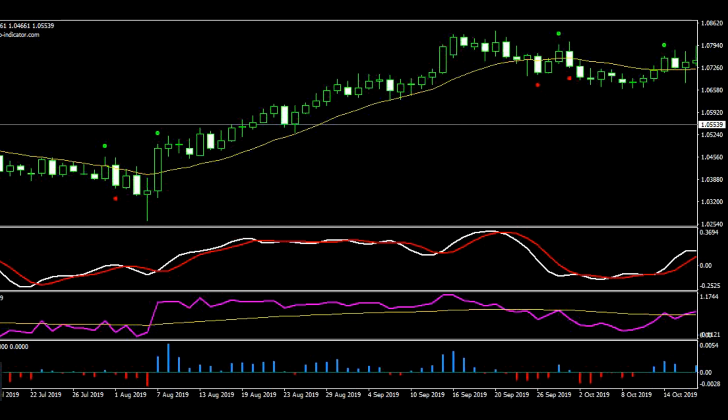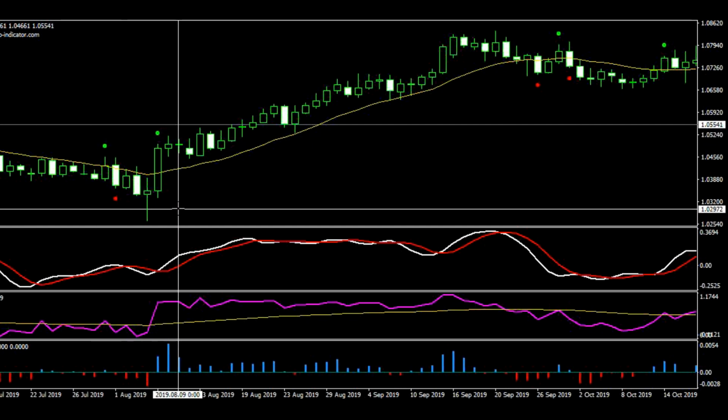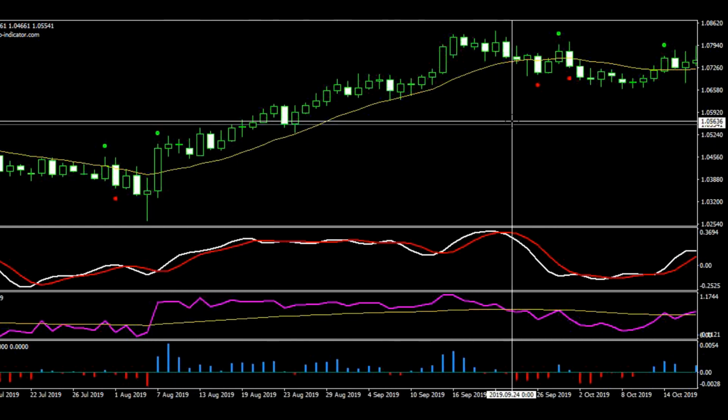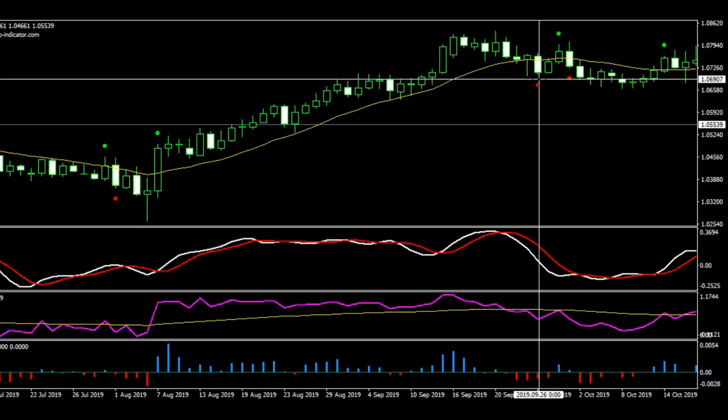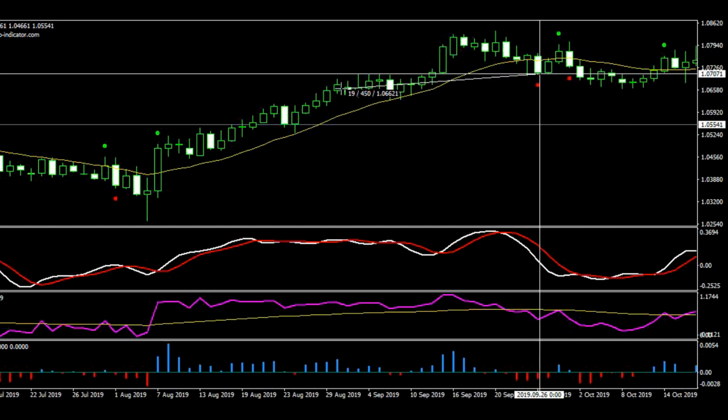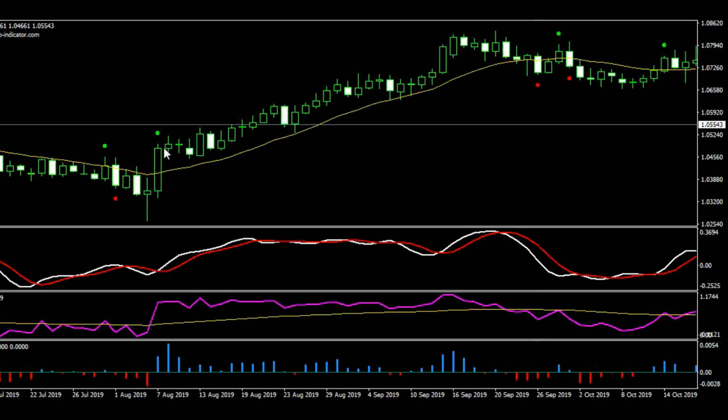So the first thing I'd do is say, okay, if I entered here, according to the baseline exit, I would have gotten out here as soon as it crossed and closed. So that gave me 223 pips. Okay, so then I would write that down for trade number 1.